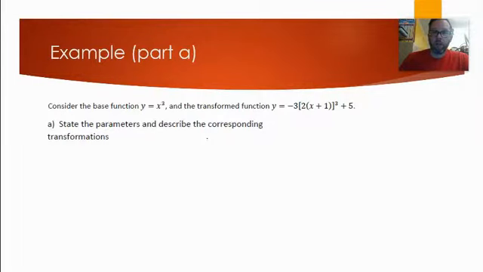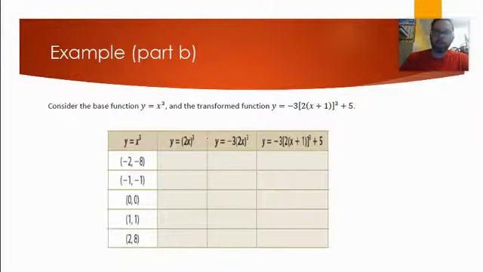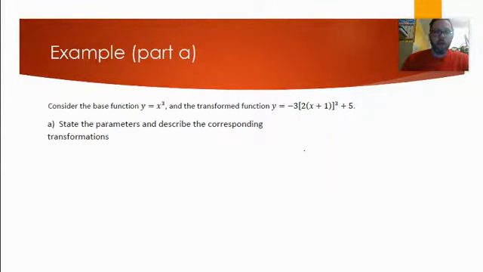What we're going to do is take points on the base function and transform them a little bit at a time, applying a couple of transformations at a time to ultimately get to some points that will be on our transformed function, and that will allow us to make a sketch. This is not the only way to sketch a transformed function, but creating a table like this can be very helpful. But let's state the parameters and describe the corresponding transformations.